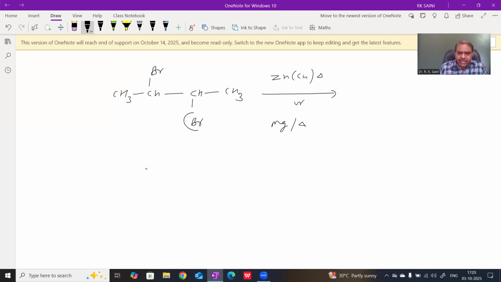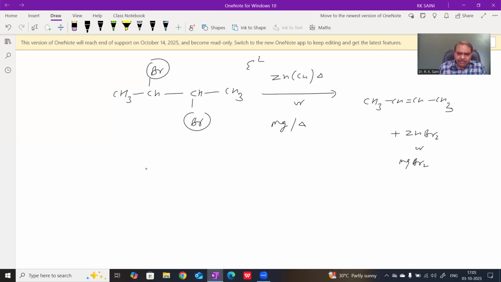On heating, the substrate eliminates Br2 and changes into the alkene, particularly 2-butene. It is an E2 mechanism, and the other product is ZnBr2 or MgBr2. It is another example of the E2 mechanism.